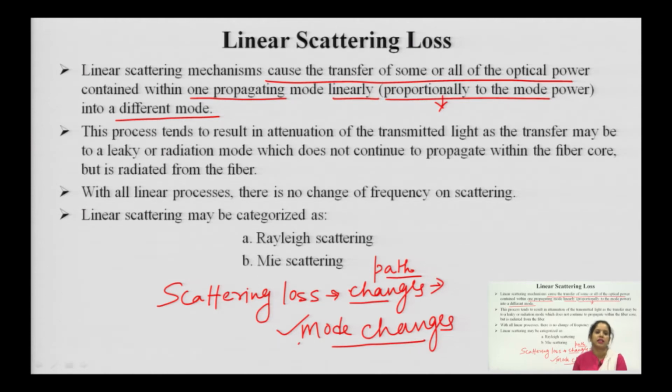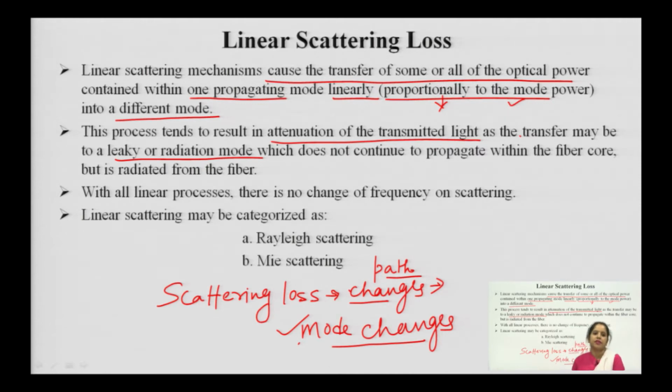That is why we say that the output varies linearly with the input, proportional to the mode power, which is the initial power. This process tends to result in attenuation of the transmitted light.